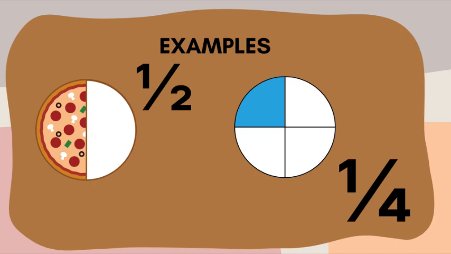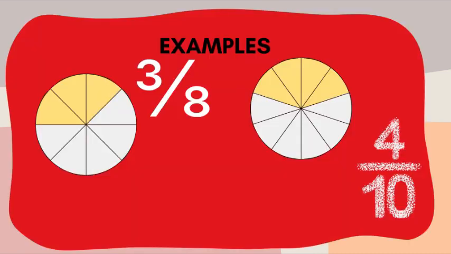We also have a quarter, 3/8, 4 over 10. And as you can see, the denominator is bigger than the numerator. And remember, the denominator is the number at the bottom.